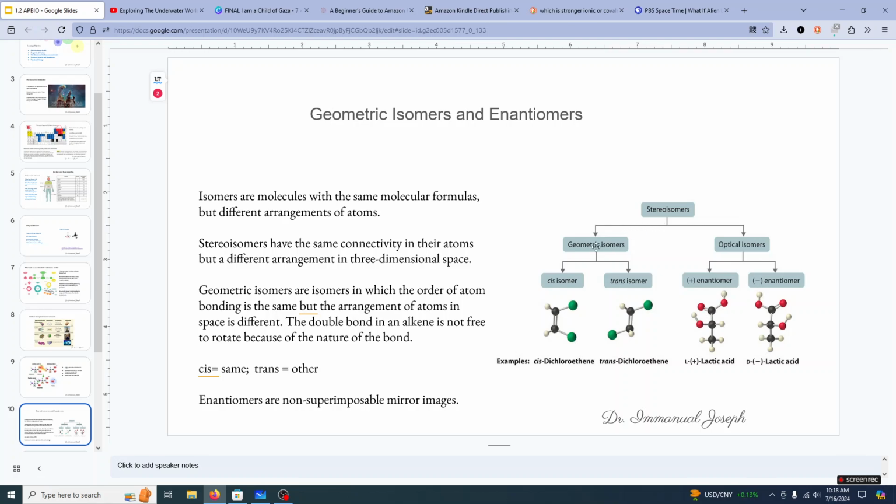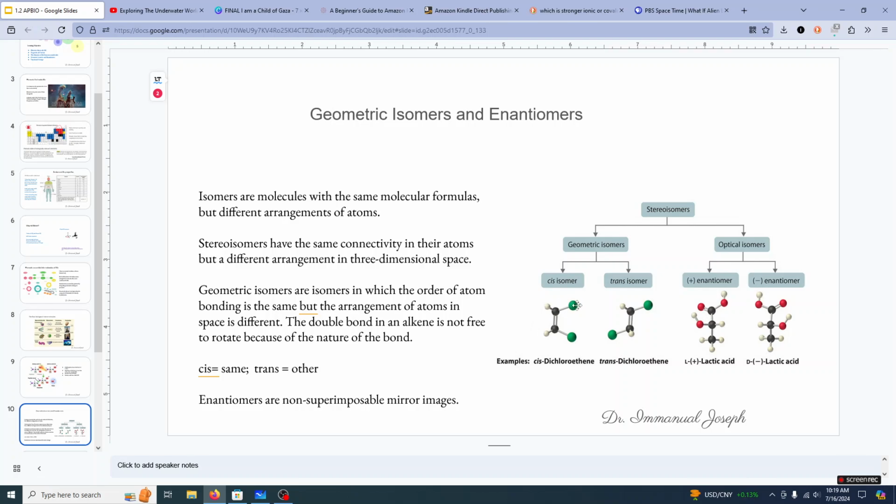And one of the classes of stereoisomers is geometric isomers. The order of atom bonding is the same, but spatially you have a difference. So, for example, this molecule here is called dichloroethene. You have 2 carbons. Each of those carbons is attached to this white stuff, that is the hydrogen.